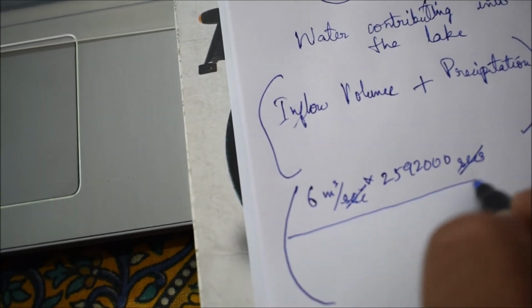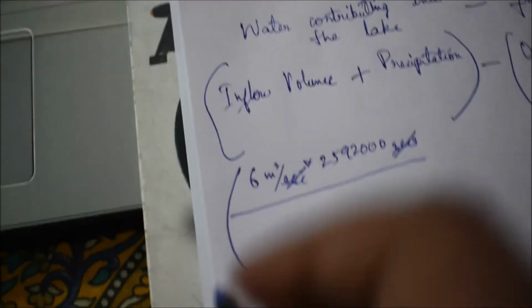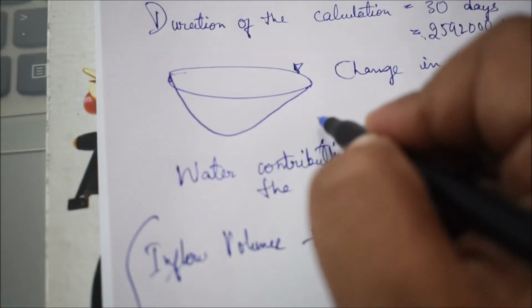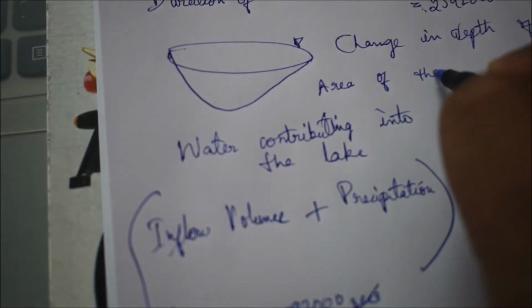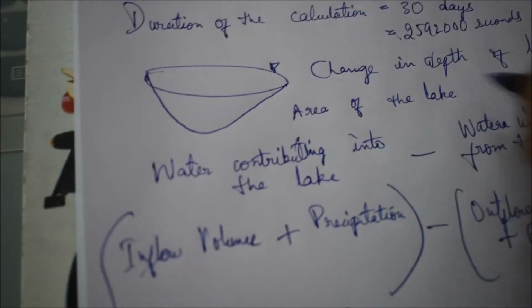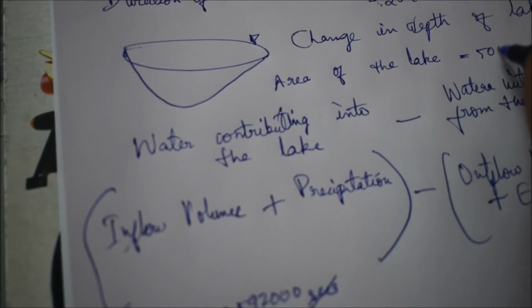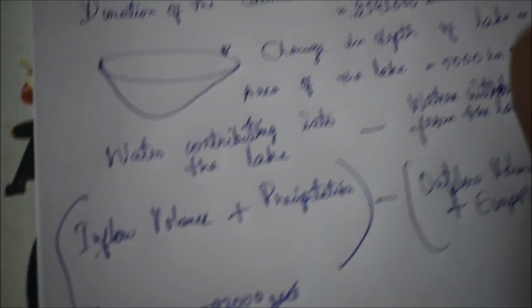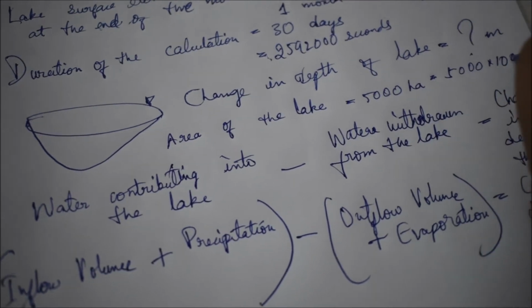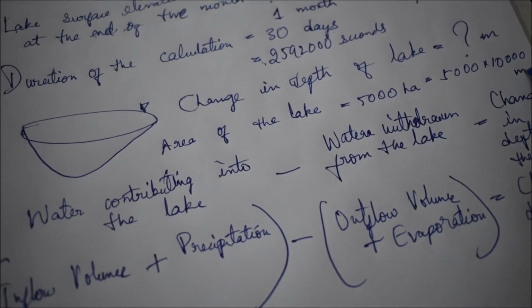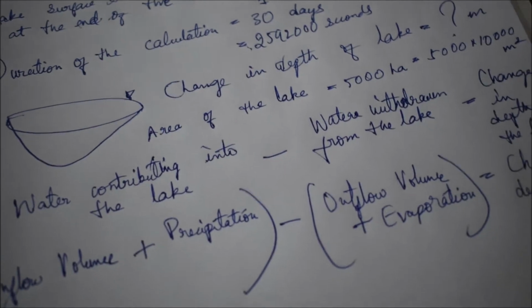So we have to divide it by area. What is the area? Area of the lake is 5,000 hectares. It is nothing but 5,000 into 10,000 meter square.